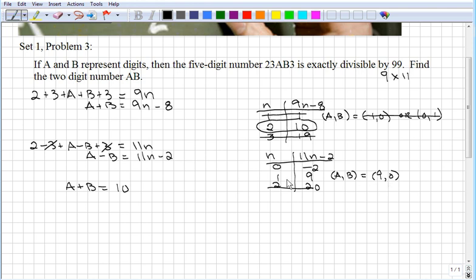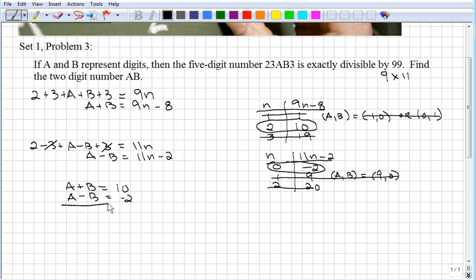That wouldn't work. So again, this isn't a possibility anymore because we can't use that to satisfy both conditions. So now we have this one narrowed down as well. We know the difference of the digits has to be negative 2, so A minus B is equal to negative 2.